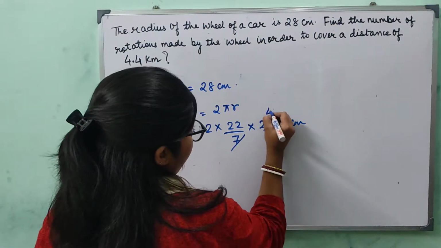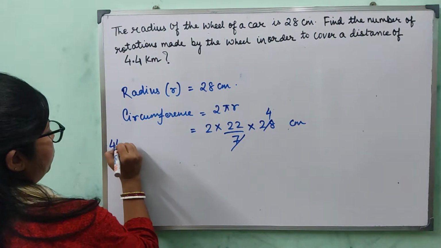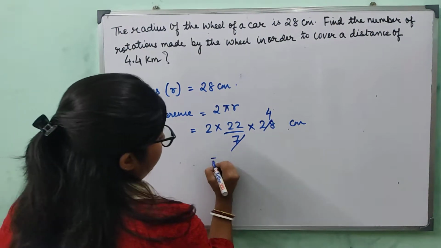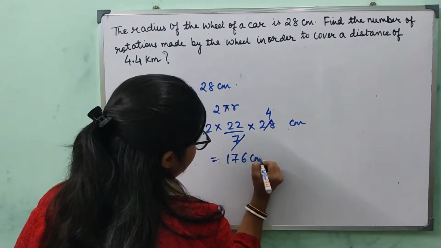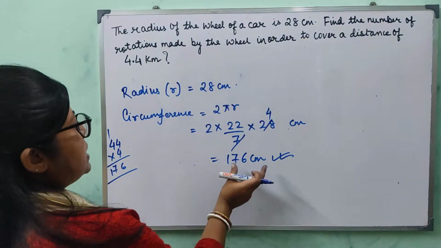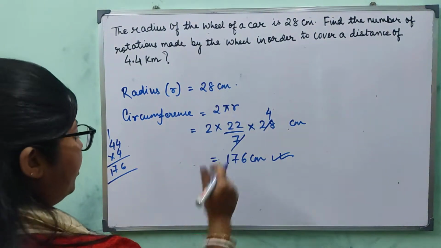This is 44 into 4, which is 176 centimeter. So what is this 176 centimeter? This is the distance covered by the wheel in one rotation.